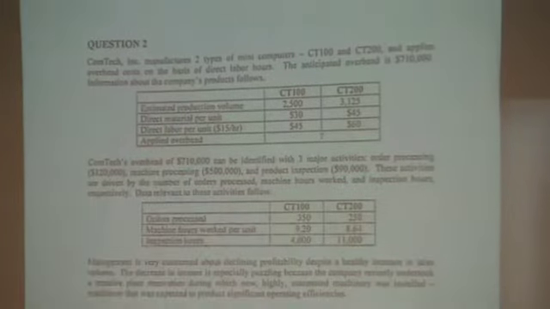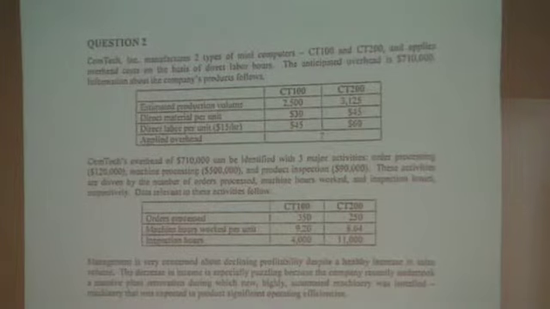Comtech makes two types of mini computers. So they make only two things, CT100 and CT200, and they apply overhead based on direct labor hours.